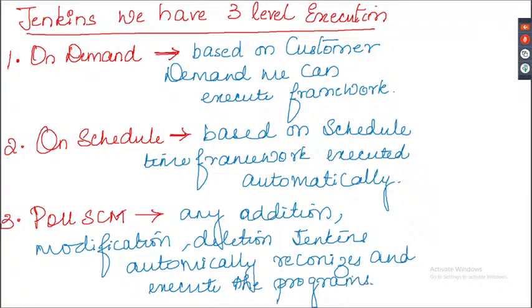Are you understanding? Any addition, modification, deletion happens, Jenkins will automatically recognize this and execute the program. That's nothing but your Poll SCM here. Understood? Yes, ma'am. Please make a note of this. These are the 3 levels of execution which we will be doing.